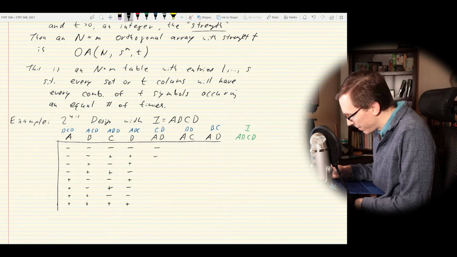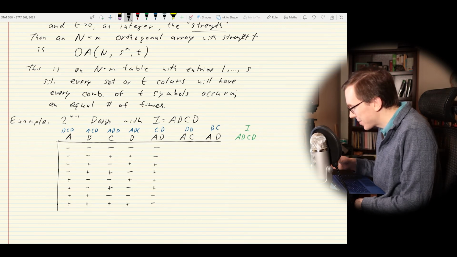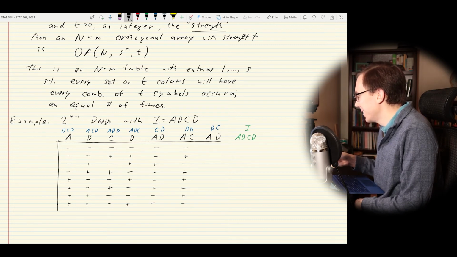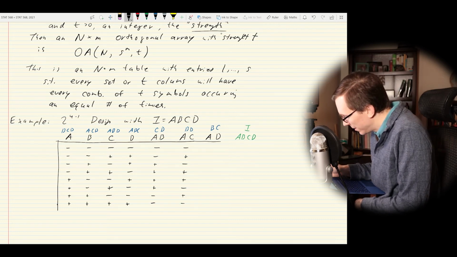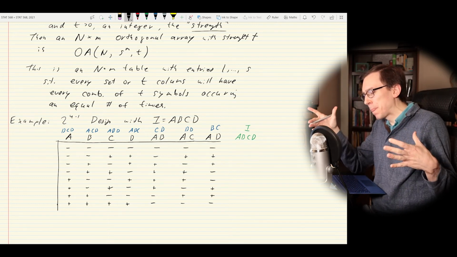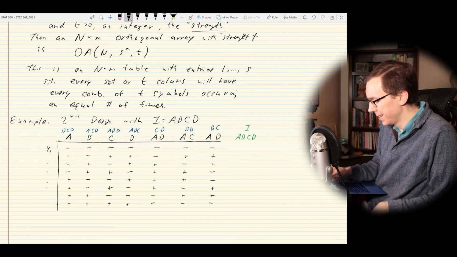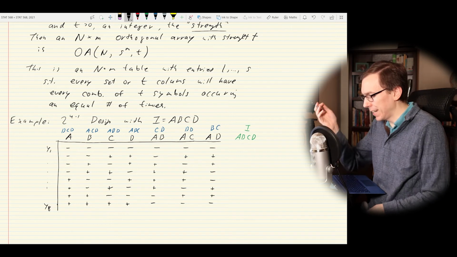So this is dash, dash, plus, plus, plus, plus, dash, dash, and so on. Okay, now we have our table. So this is our giant table. We would have our observations y1 through y8, in this case.